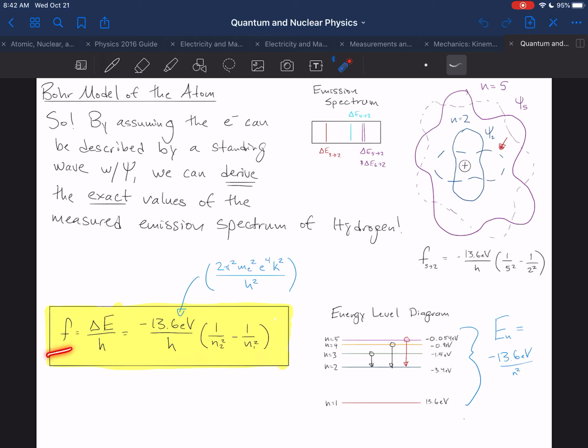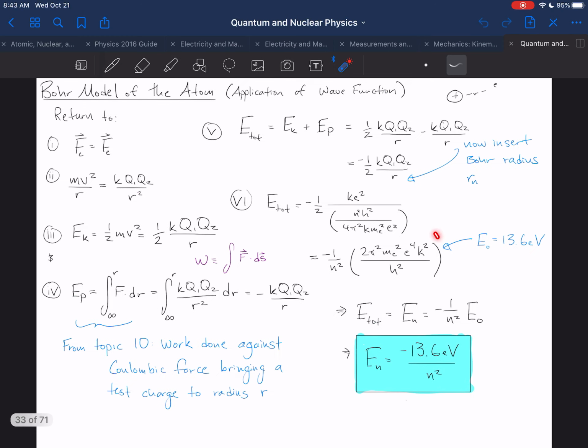This just says the frequency of any of these transitions is the difference in the energy levels divided by h, which is therefore the difference in the negative 13.6 electron volts per n squared of the two n's for the different states. So if you're going from 3 to 2, this ends up being 1 over 9 minus 1 over 4, for example.